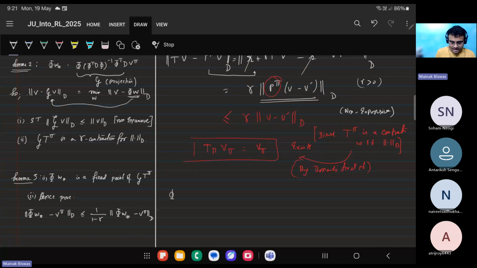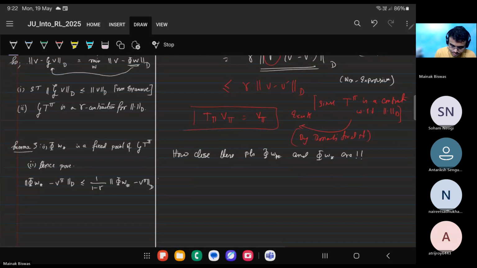So let us try and find how close these points are, these points phi w hash and w star. Okay, let's try to find it.